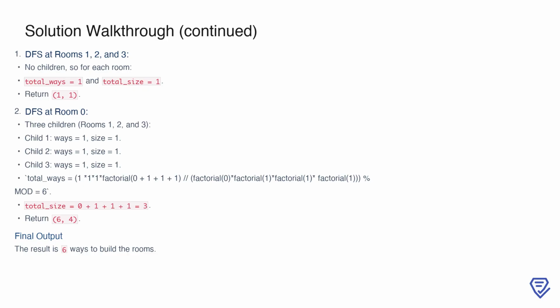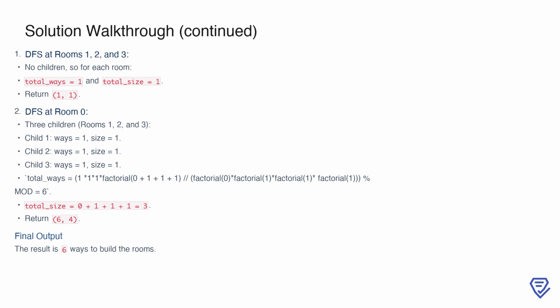At room 0, we combine the results from its 3 children. Using the formula, total_ways is calculated as 1 * 1 * 1 * factorial(3) / (factorial(1) * factorial(1) * factorial(1)), which equals 6. The total_size becomes 4, including room 0 and all its descendants. Thus, there are 6 valid ways to build the rooms for this star-shaped tree.